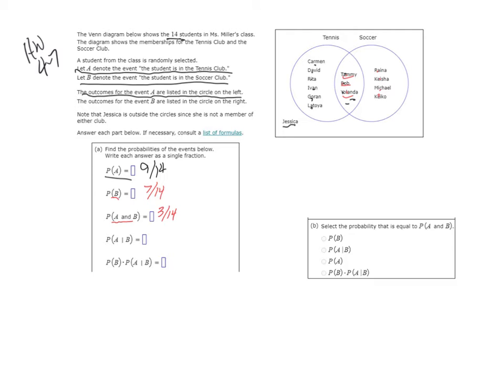Now the way you would read this question right here is, this says given B, what's the probability of A? So given you are in the soccer club, given this circle right here, we're only looking in that circle, what's the probability that you're in the tennis team?